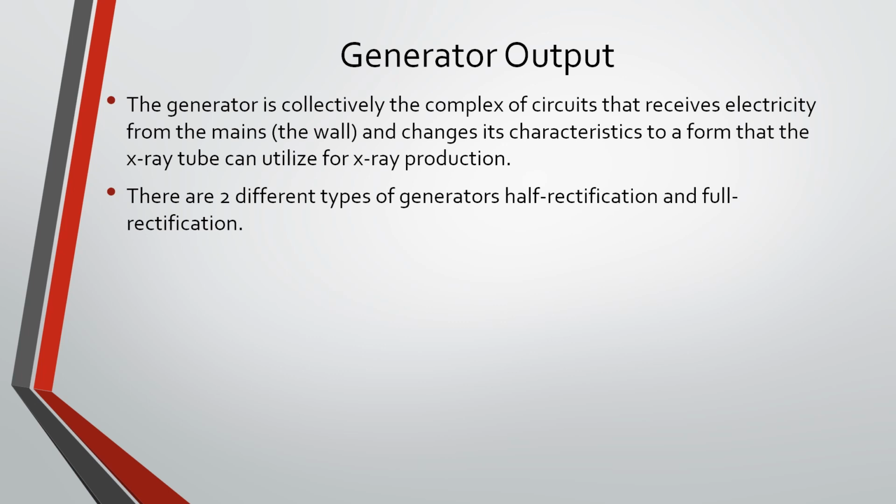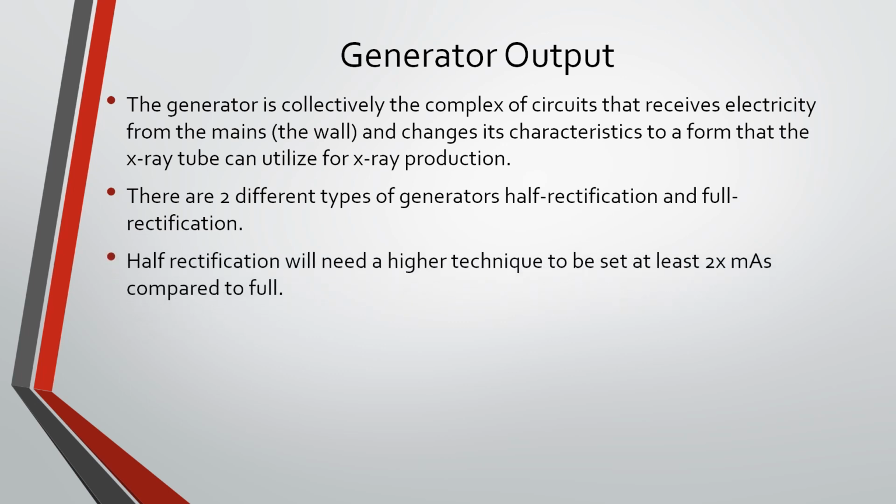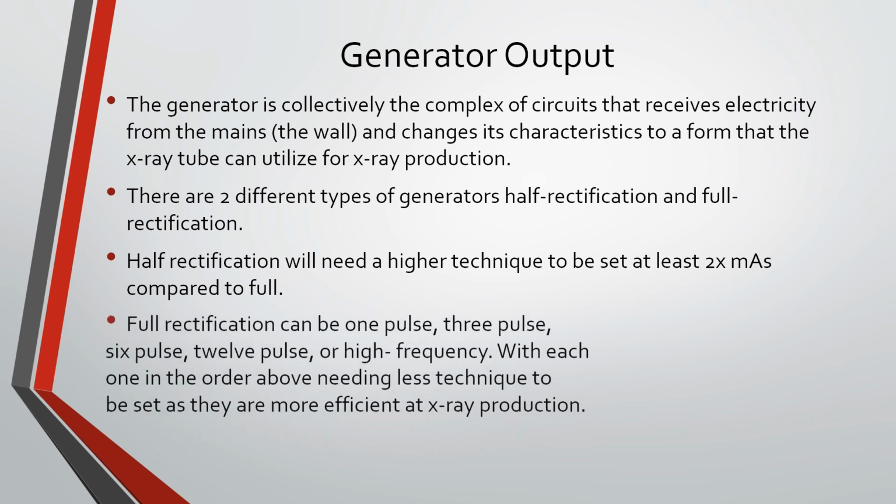So there are two different types of generators, half rectified and full rectification. Half rectification will need a higher technique to be set, at least 2 times the mass compared to the fully rectified units. Okay, and as we said, we'll explore what all these things mean if you're not quite sure in the radiographic physics playlist.